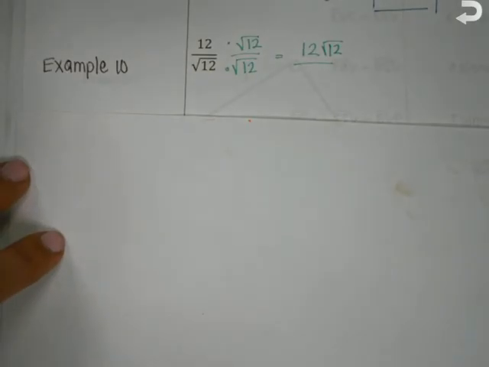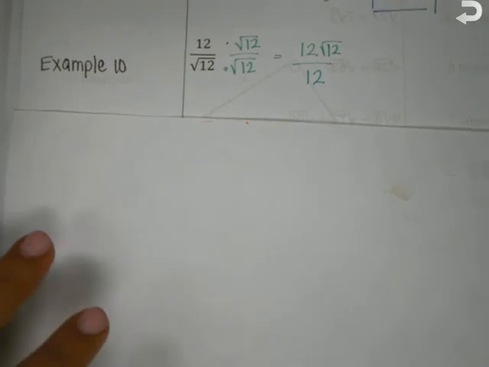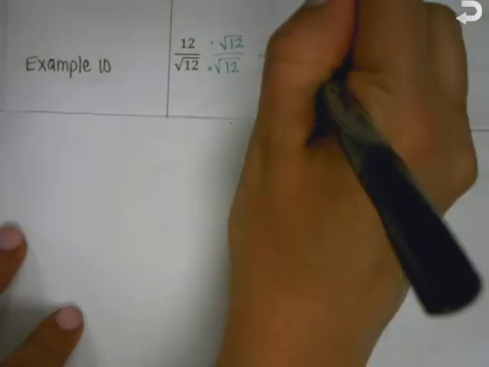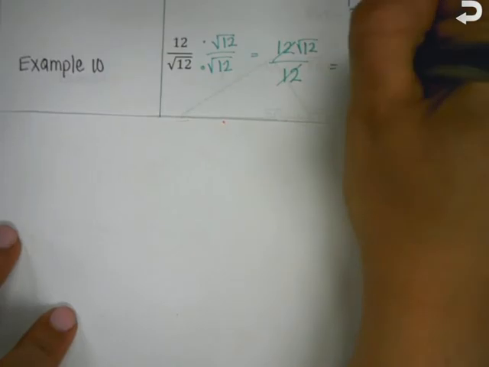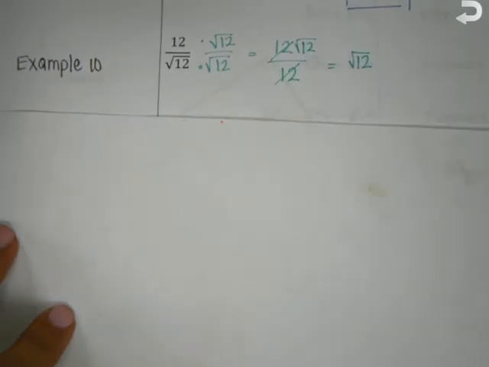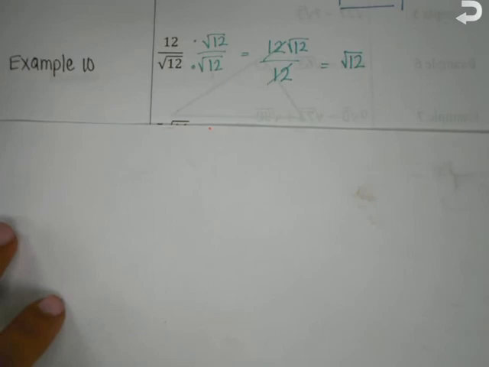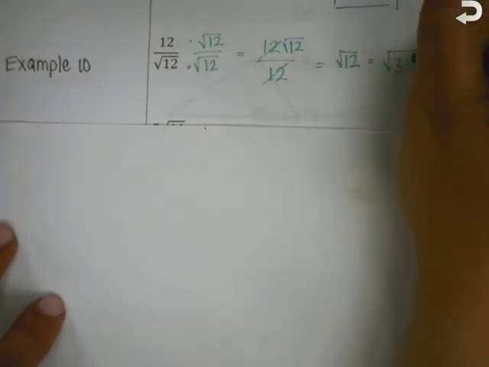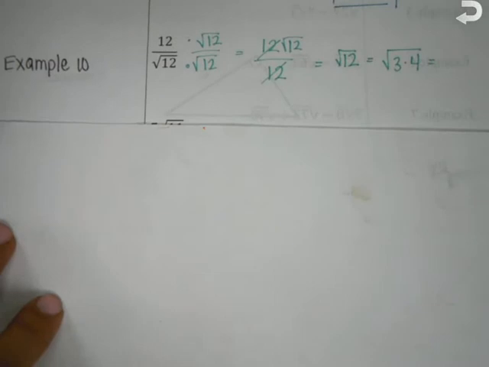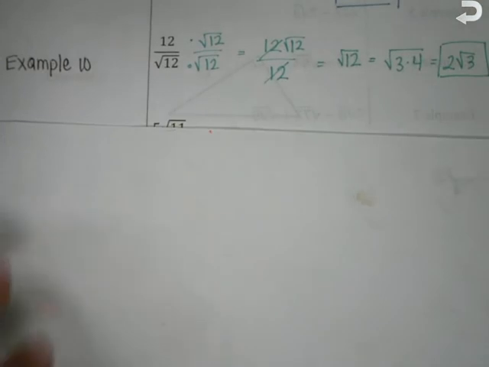The 12s cancel. So this is just square root of 12. So that's my answer? No. How does this simplify even more? 4 times 3. So what's my answer? 2 root 3. So make sure that you simplify all the way every time.